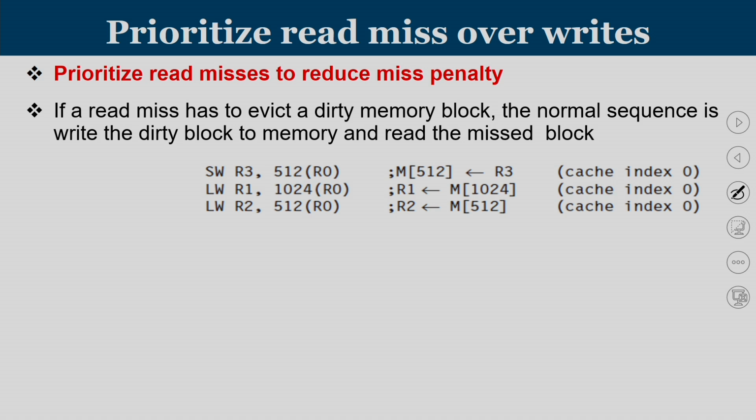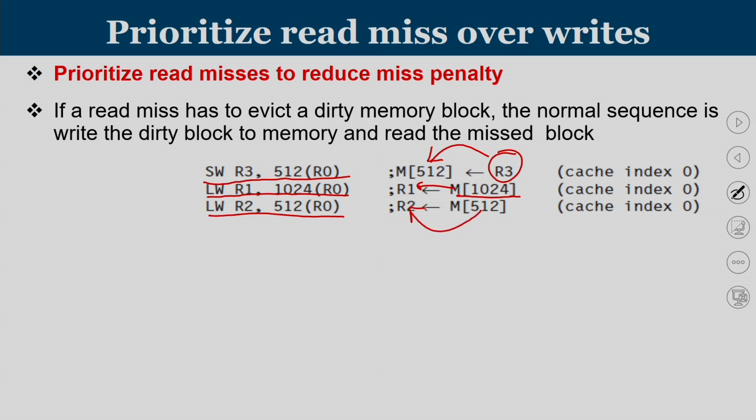Consider the case, these are all RISC MIPS instructions. Store word R3, 512(R0), that means the content of register R3 is going to be stored into memory, say location 512. Then I have to load a value from memory location 1024 into R1, and then yet another, I am loading one more value from again this memory location.